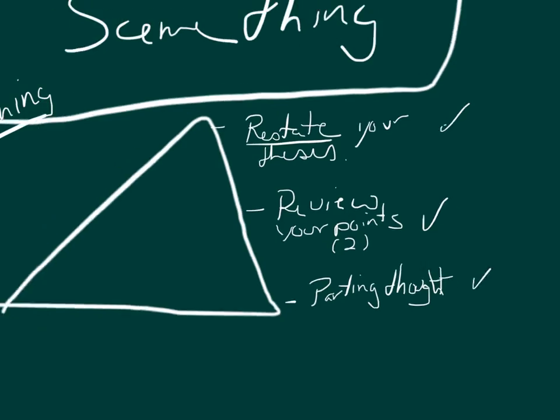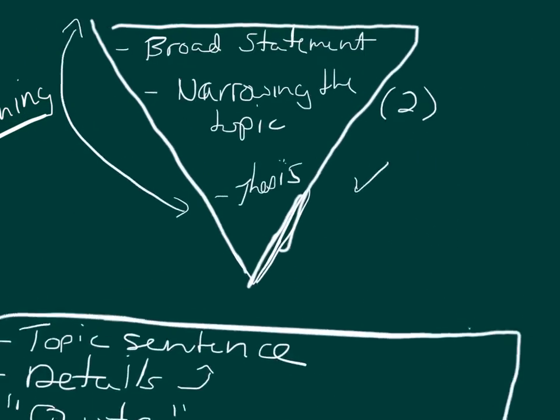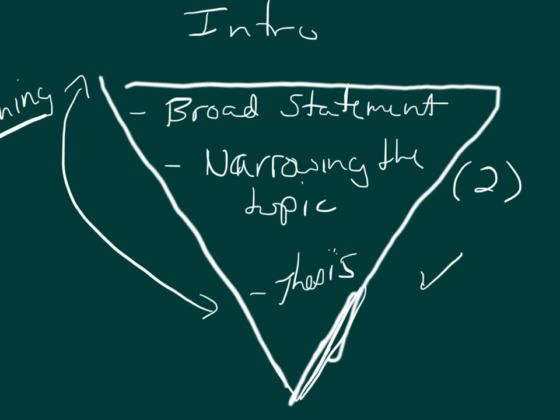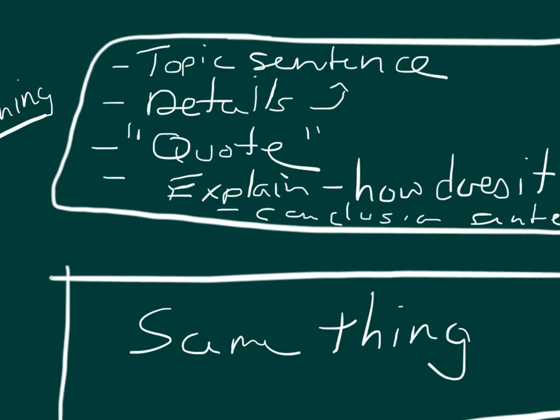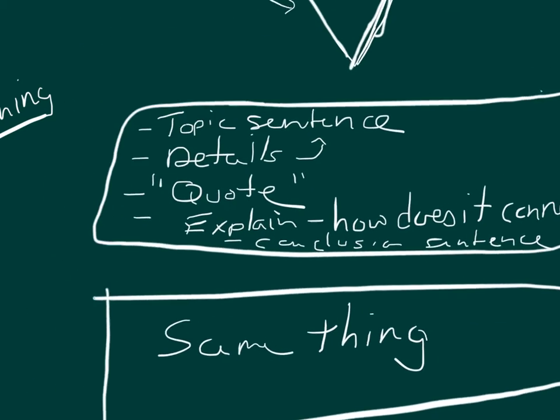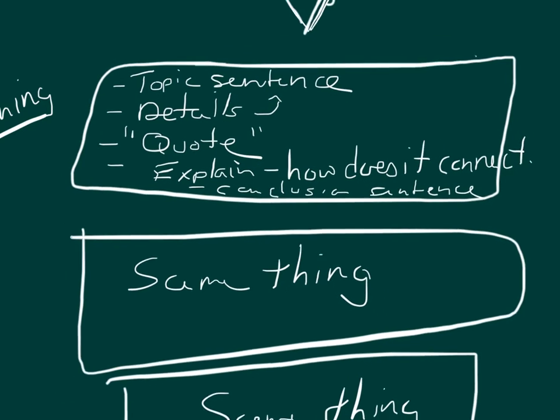All right. So let's go real quick once again. Intro. Start with your broad statement, narrowing the topic, sometimes 2 sentences for that, to your thesis. Your first body paragraph has a topic sentence, details to support that topic sentence, maybe a quote or 2 to help support it, explain how that quote connects, and then a concluding sentence.